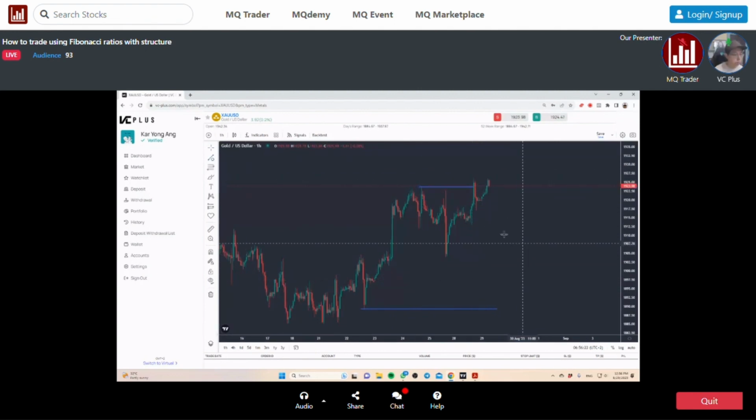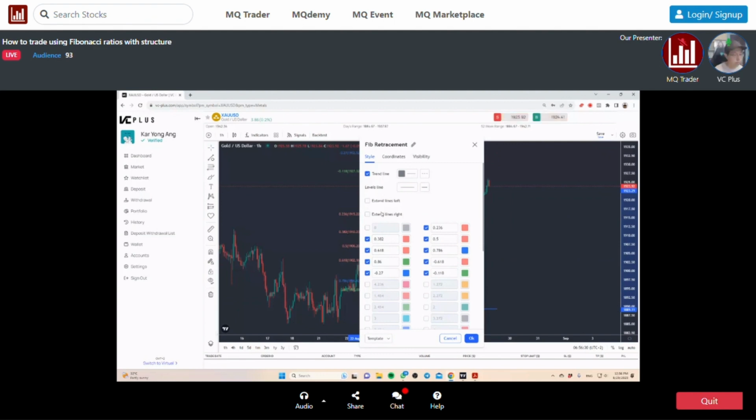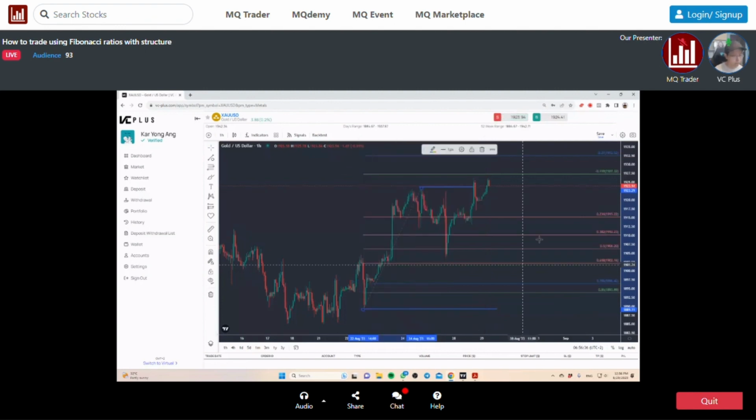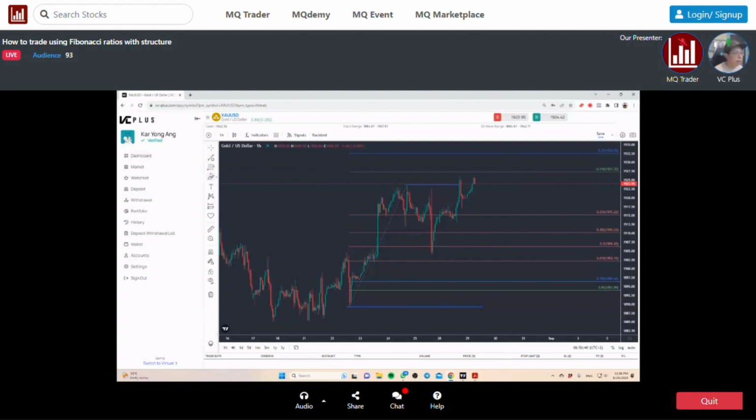We got the break of structure. Just now we pulled from swing low to swing high. Let me just extend this to the right. Okay, good. So you see here, the pullback actually came back to its 50%, and it starts to bounce.